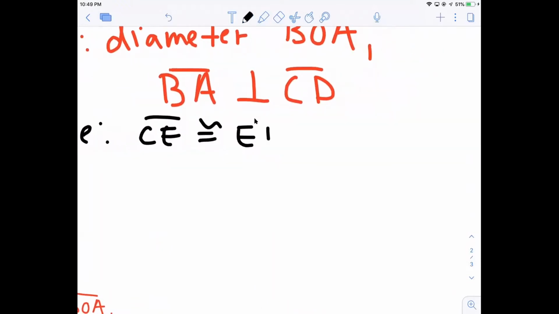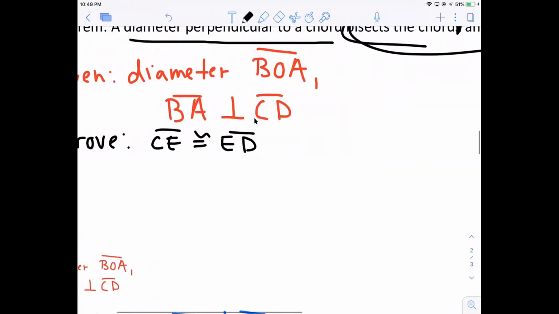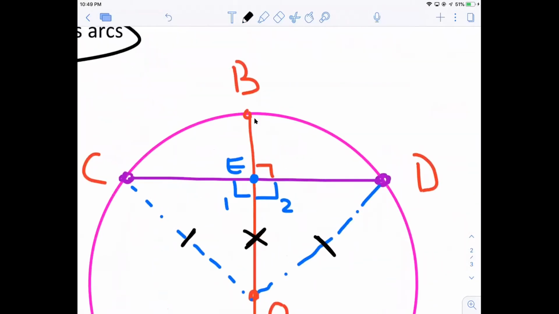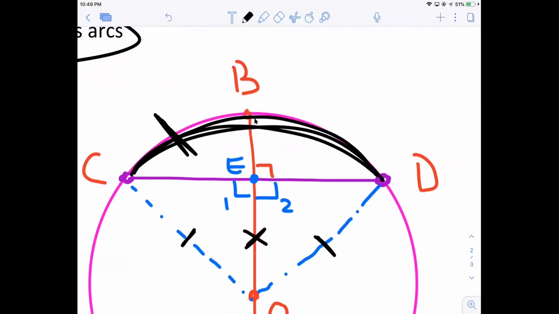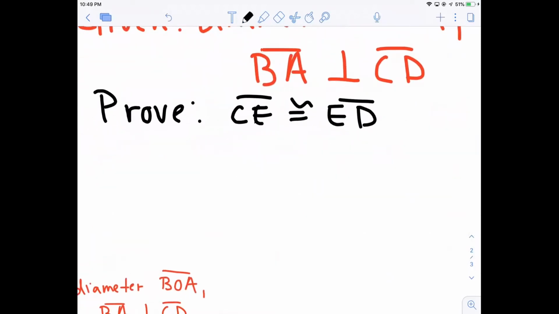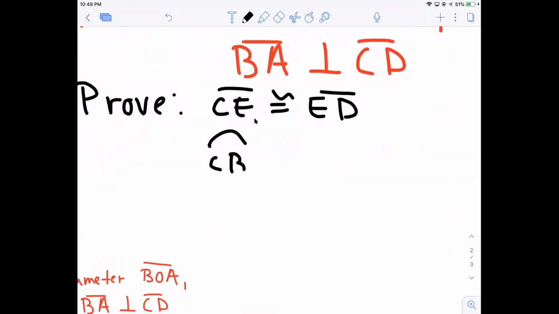And we're also trying to prove that the arcs get bisected. So that's arc CD, which means arc CB is congruent to arc BD.